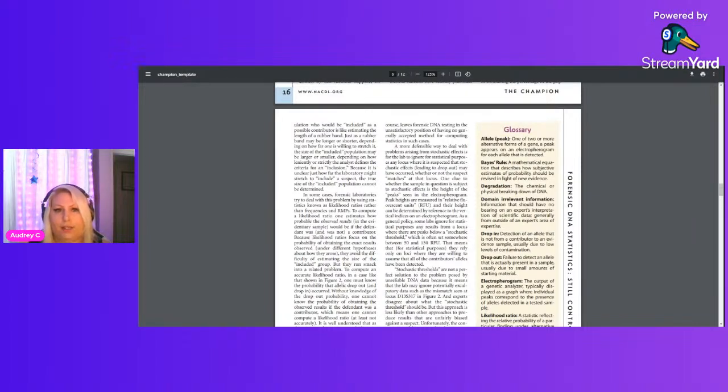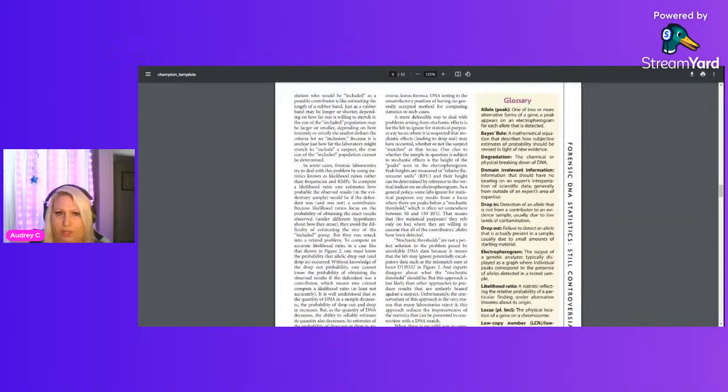Because it is unclear just how far the laboratory might stretch to include a suspect, the true size of the included population cannot be determined.